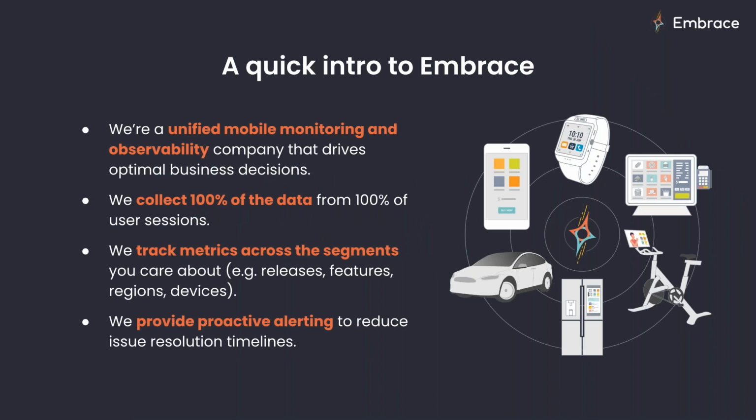Let's get a quick intro on Embrace. Embrace is a unified mobile monitoring and observability solution. That means we are 100% focused on mobile. Our core differentiator from other monitoring solutions is that we provide mobile observability by capturing 100% of complete user sessions, and we directly correlate all the metrics, logs, and traces to the individual affected sessions.